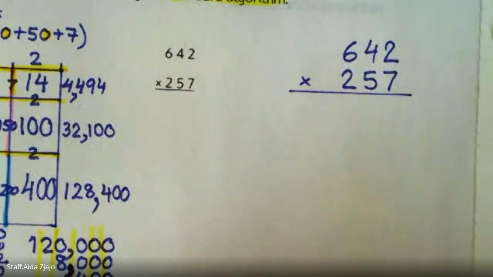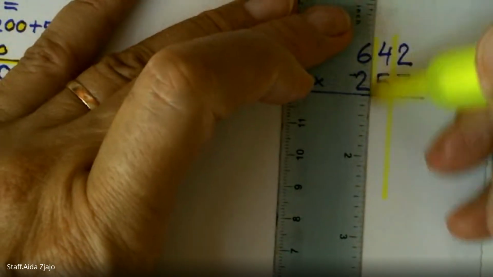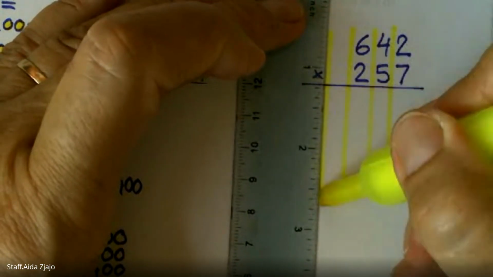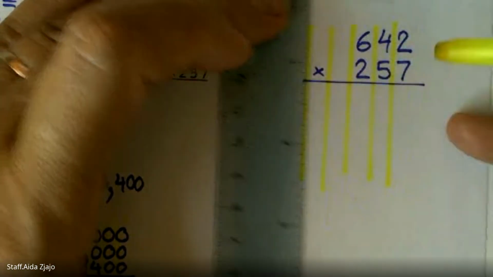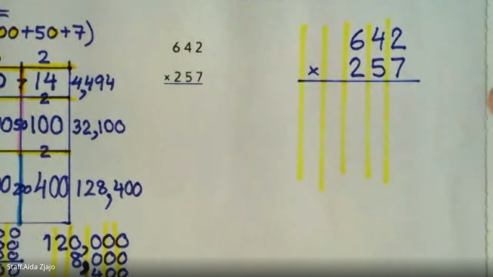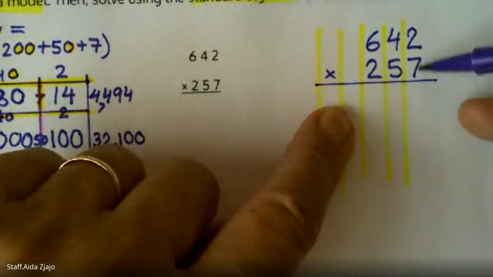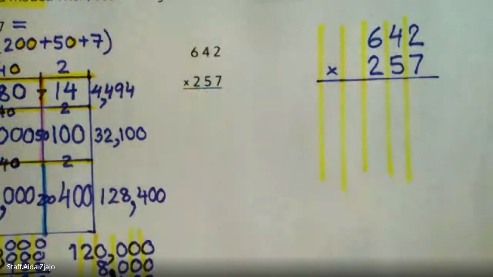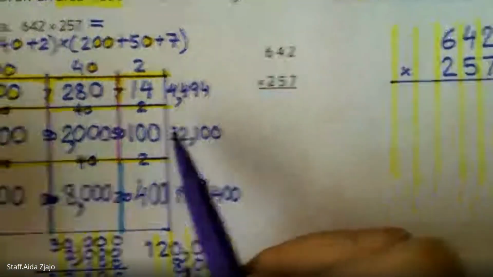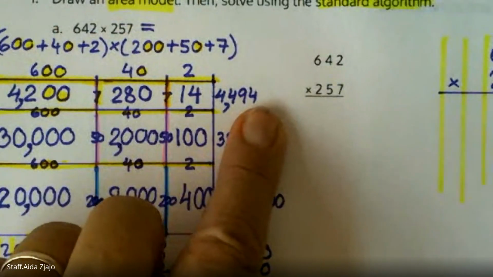Okay, now I'm going to draw my lines because I like to keep precision. So let's see how that will work. Right, so now the first value is 7 times 642, so that has to add up to 4,494.